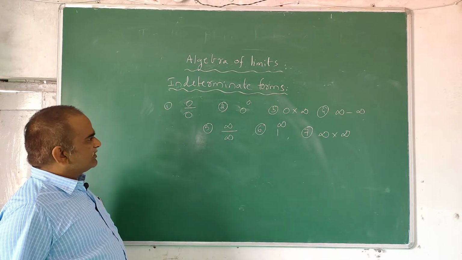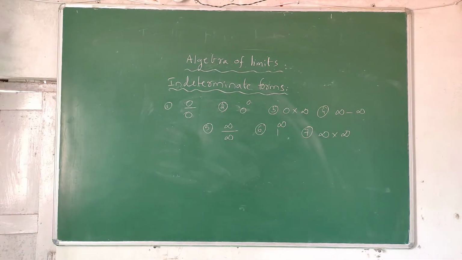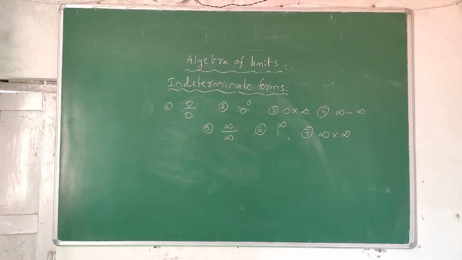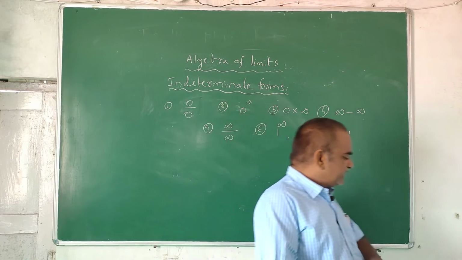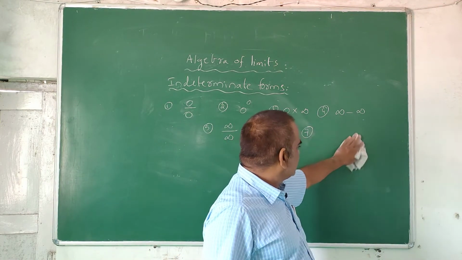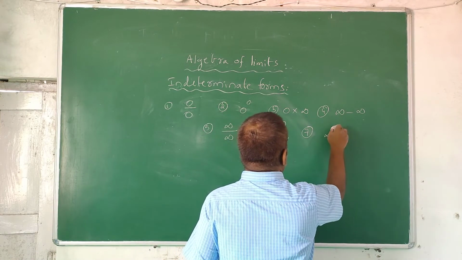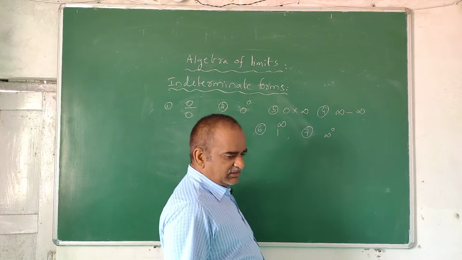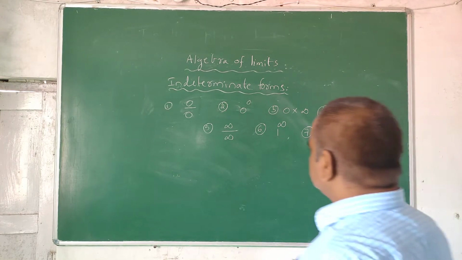So these all are the indeterminate forms in mathematics. Actually, infinity into infinity is not an indeterminate form. Instead, you can take infinity power 0 as an indeterminate form. So infinity power 0 comes in the list of indeterminate forms.